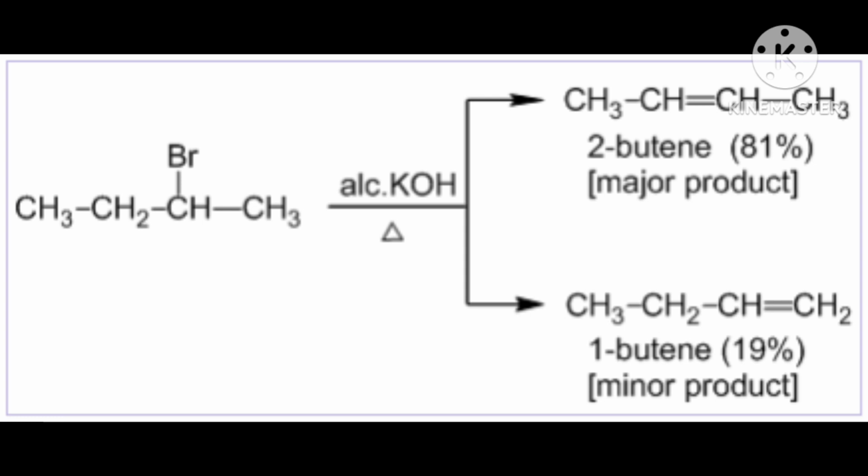In 1875 he formed one rule, which can be summarized as dehydrohalogenation.